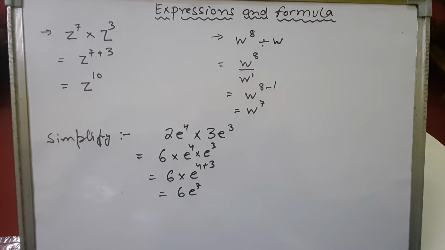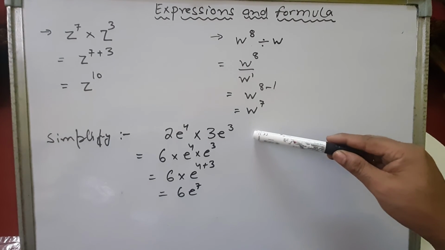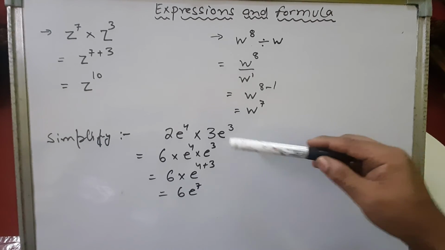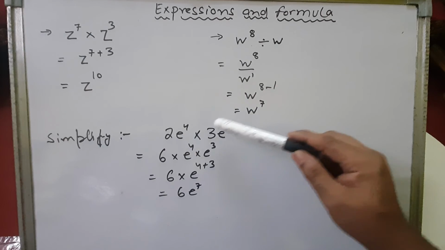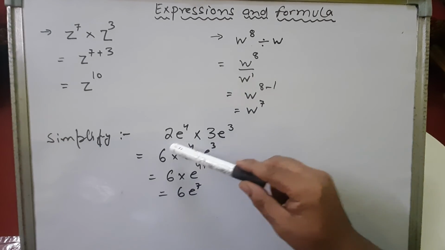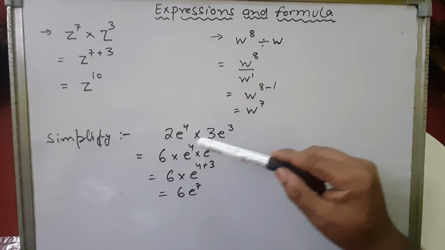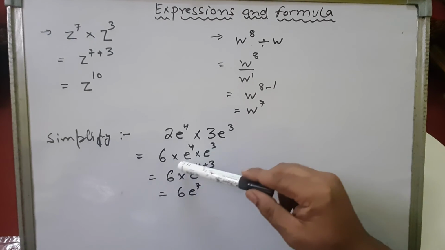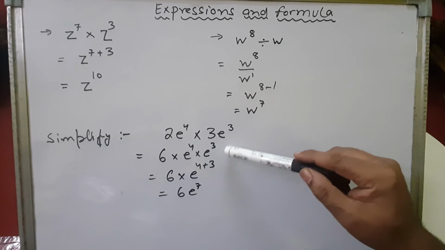Alright, okay children, let's see the next sum. In this sum it is written simplify 2e to the power 4 into 3e to the power 3. This term has to be multiplied with this term. So let's multiply the constants first. That means 2 3s are 6, and then we'll have to multiply e to the power 4 into e to the power 3.